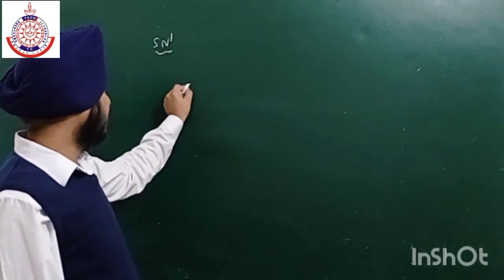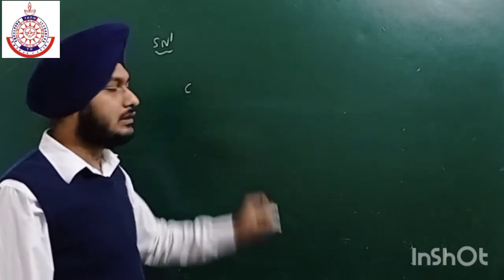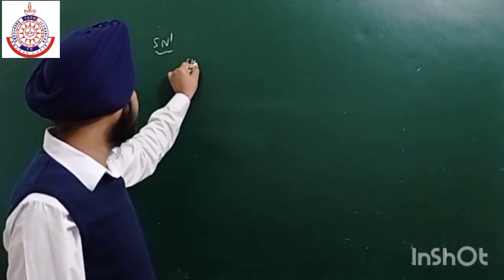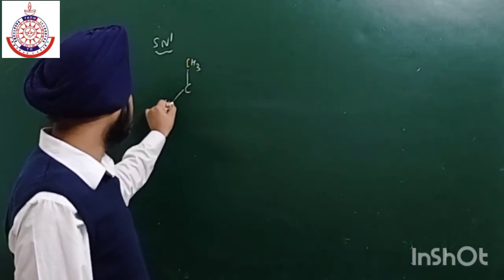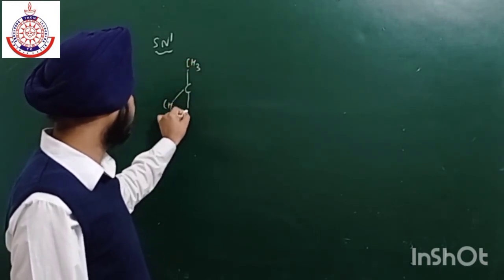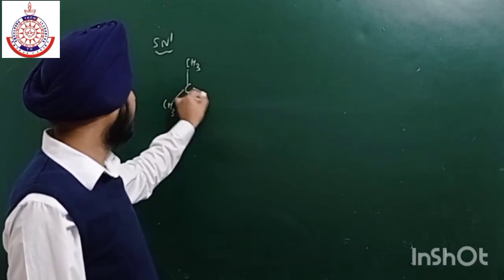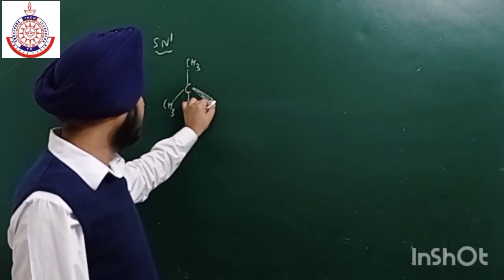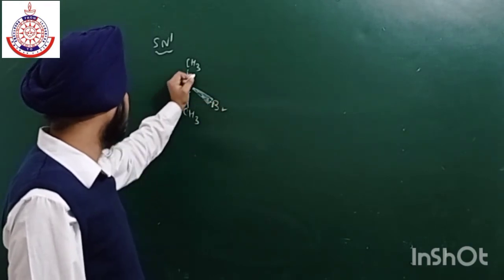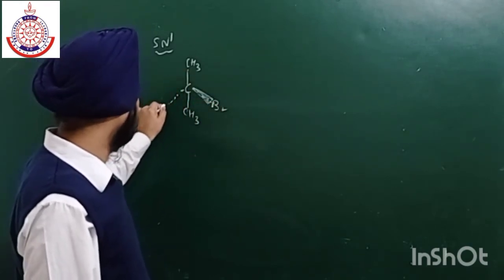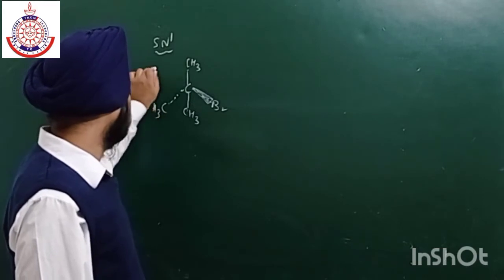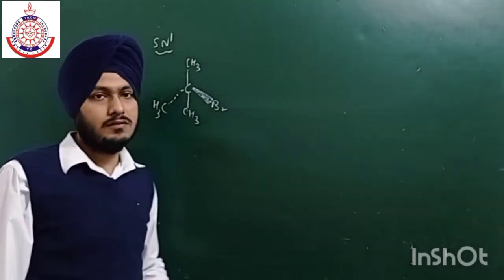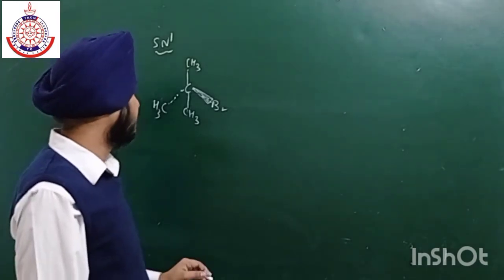For example, if we have a 3 degree alkyl halide like this, and here we have the Br, and CH3. Now what is the first step?